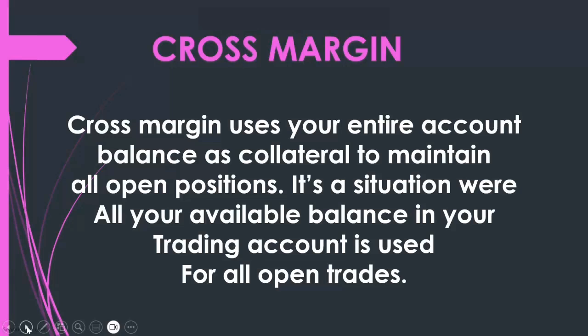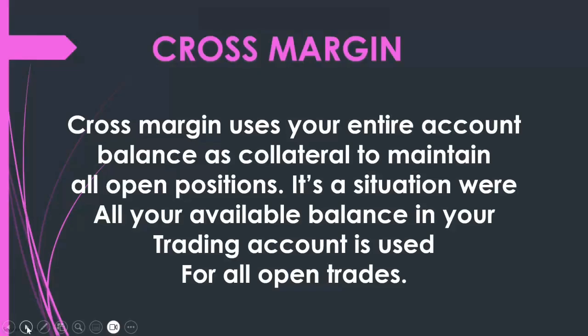And since you were using cross accounts, let's assume that you did not use stop loss, or where you put the stop loss can actually go beyond the $50. Now, because you use cross accounts, it will cross into the balance you have in your wallet outside the money you're using for that particular trade.